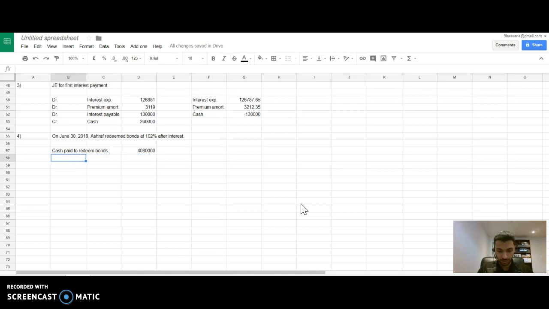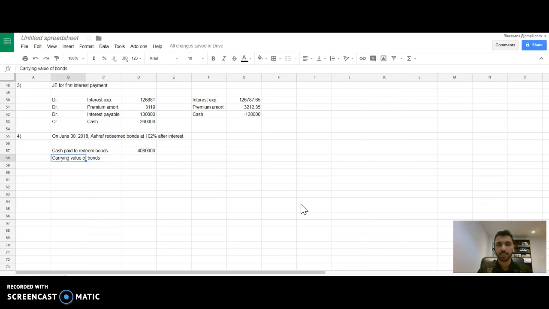Once you've calculated how much you paid for the bonds, next thing you need to do is figure out what the book value or the net book value or the carrying value, whatever you want to call it, of the bonds is. All right, so we'll just say carrying value of bonds. And this concept is very, very similar to when we were looking at long-term assets.